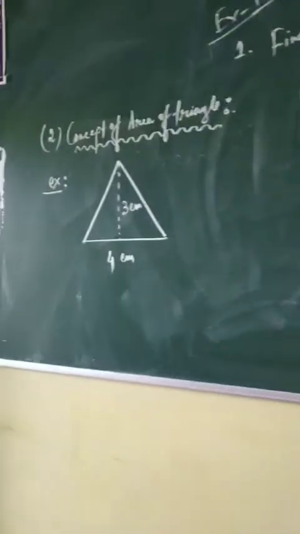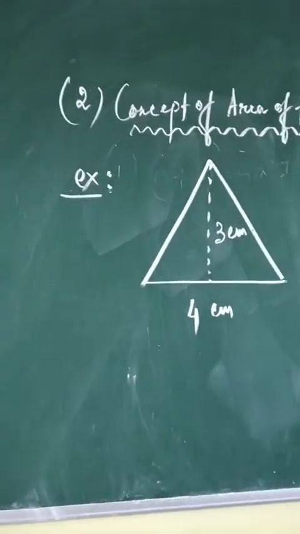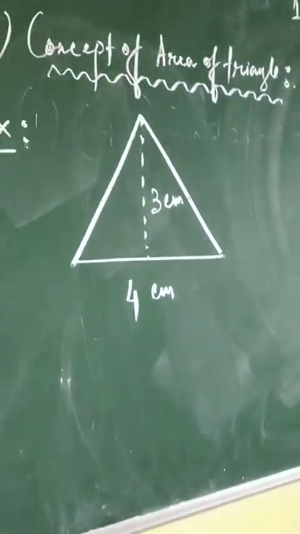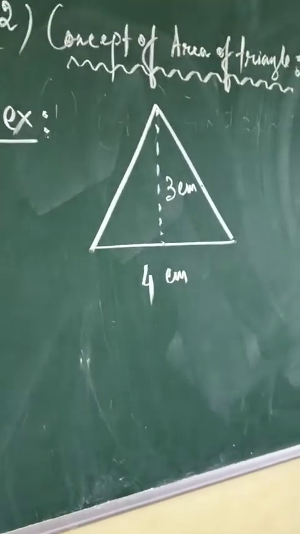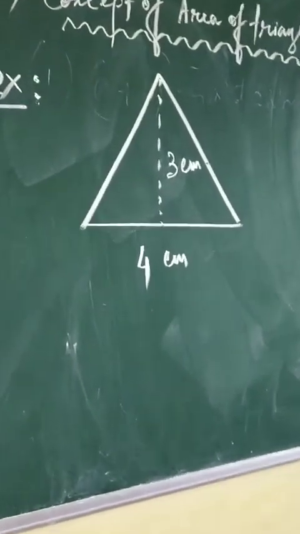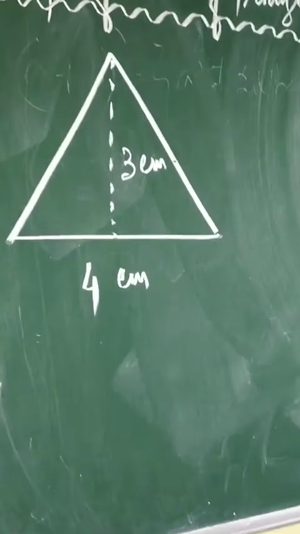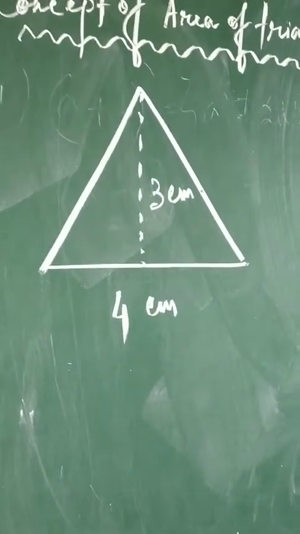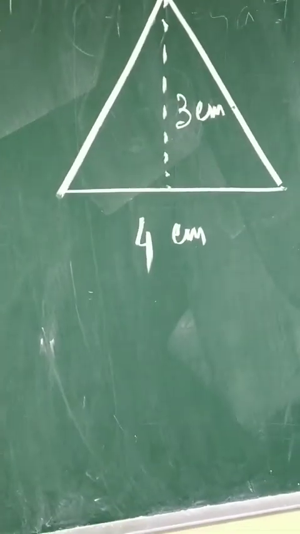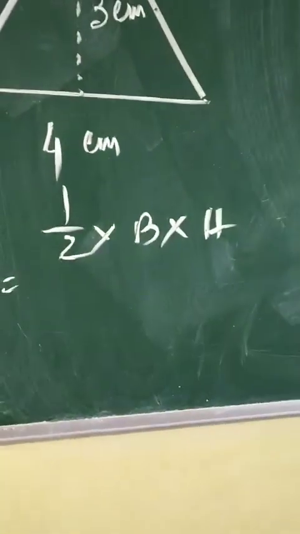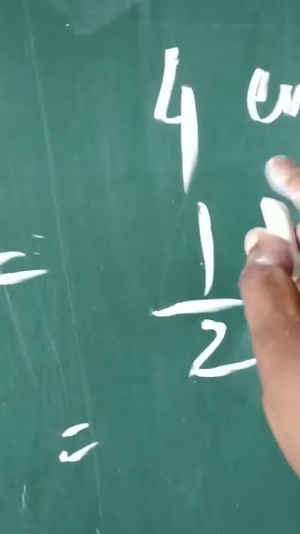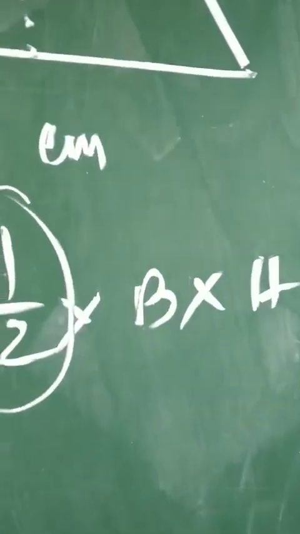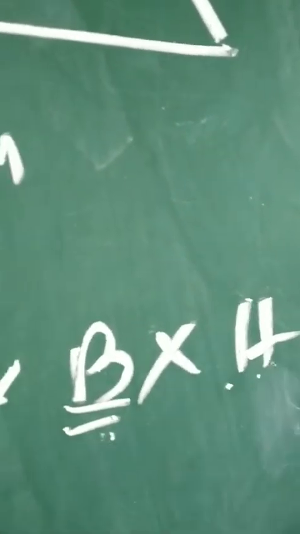Now, one more concept, that is the area of a triangle. I'll be giving one example of how to find the area of a triangle. A triangle is a three-sided polygon in which there are 3 sides and 3 angles. The formula for area of triangle is area is equal to half into base into height. Base and height will be multiplied with each other.